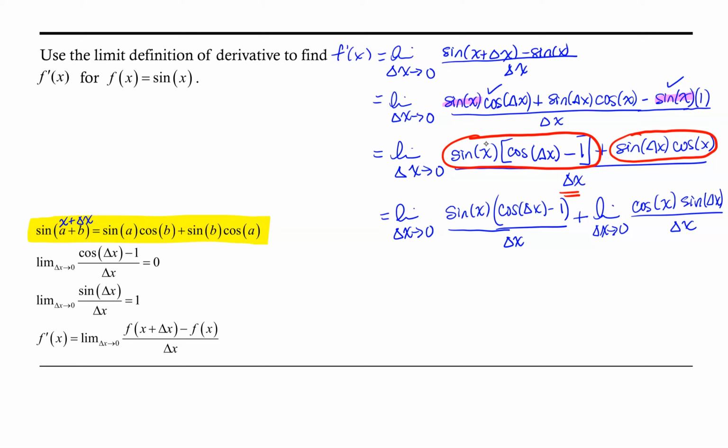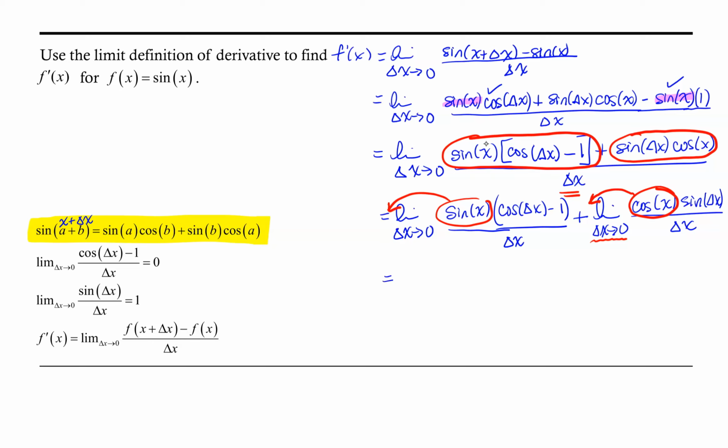Now, delta x is the only quantity headed towards 0, so I can bring this sine of x in front of my limit operator. The same is true in my second limit: the delta x is the only variable being affected by the limit, so this cosine of x is not affected and I can pass it through my limit operator as well.